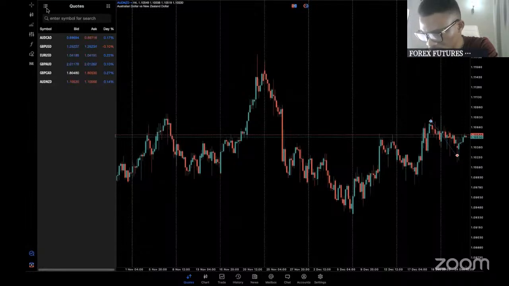AUD NZD, I want to use that as an example. AUD NZD details. Okay. I'm currently checking on my phone just to be able to tell you.